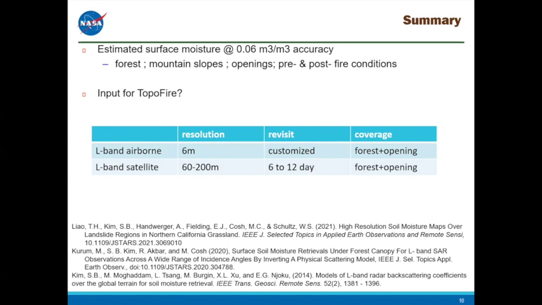I was wondering what risk rating system and calibration you were using, or is that something you're looking for? Yeah, I would relate the soil moisture level to the fire risk rating, and soil moisture will be one input, and the vegetation, the fuel, will be another. Does that answer your question? We can talk later. Thanks.